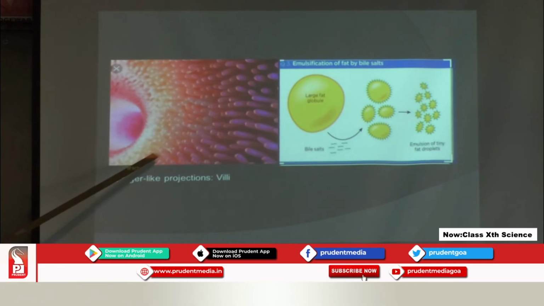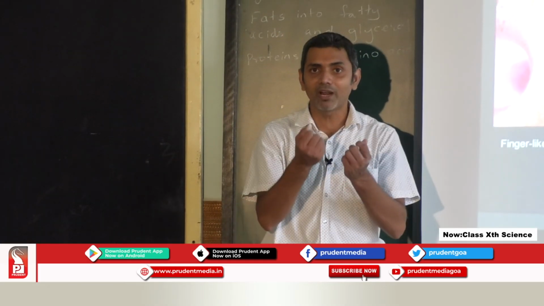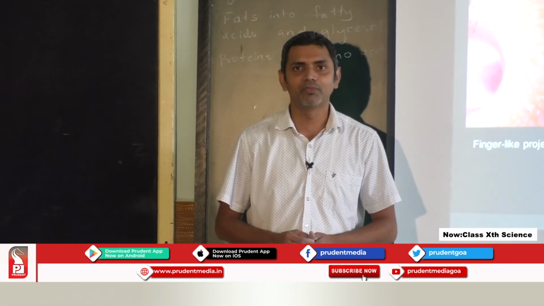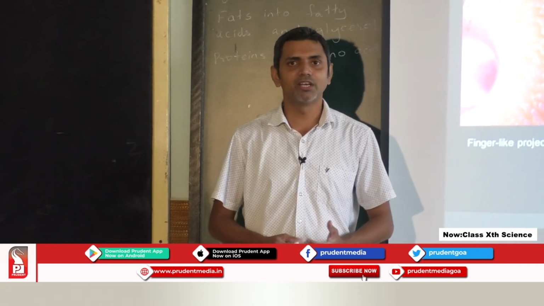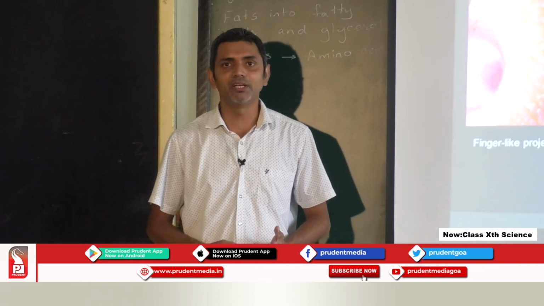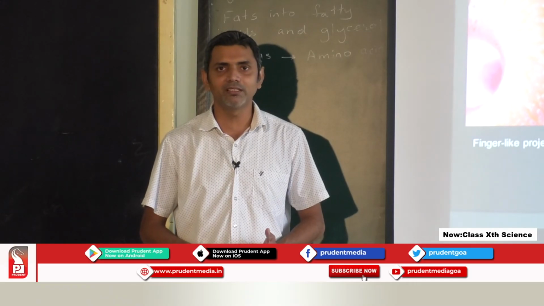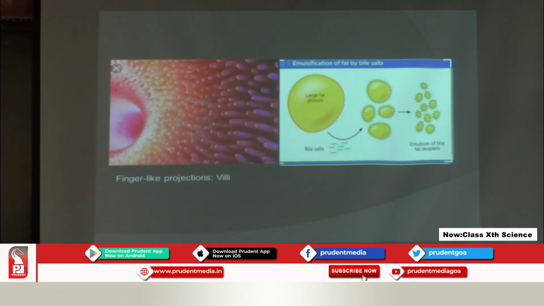The walls of the small intestine consist of finger-like projections called villi. This provides the surface area for absorption of the digested food. The digested food is absorbed in the small intestine and villi provide the surface area for absorption.